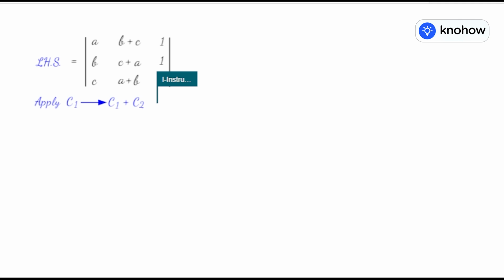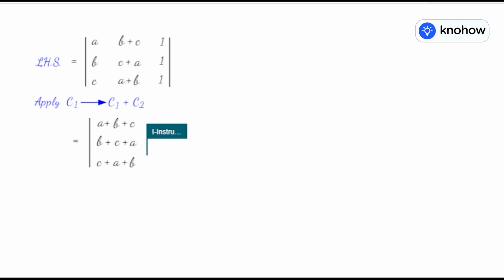Before you apply the properties of determinants, you have to think it through orally, the advance steps, why we are doing so. So you get in the first column A plus B plus C, B plus C plus A, C plus A plus B. As a matter of fact, A plus B plus C in all the three cases. So the second column B, C, A plus B. Third column you get 1, 1, 1.